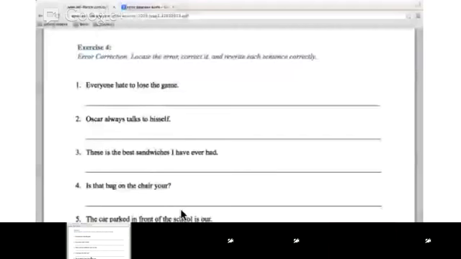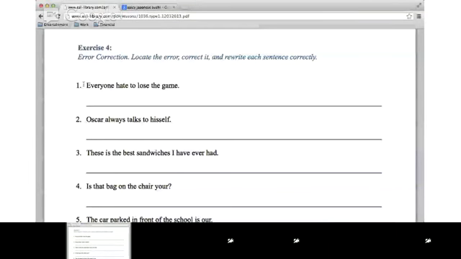Let's go to Rex. Rex, take a look at number 1 and tell me what we need to do to fix this sentence. Everyone had to lose the game. I don't know. Okay, let me give you a hint.